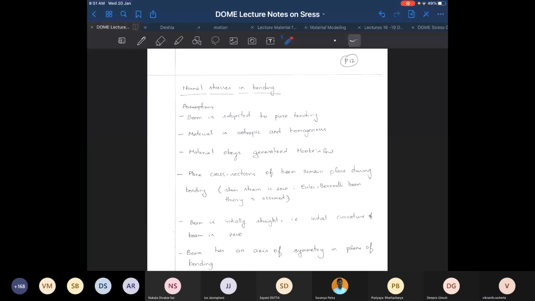Now, until now you have learned how to determine the bending stresses and the torsional shear stresses. How can I get bending stress from the bending moment acting at a point?